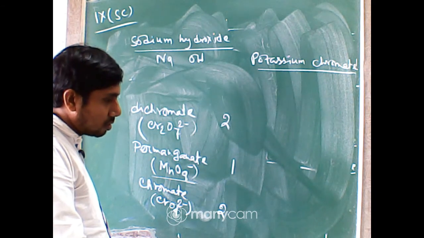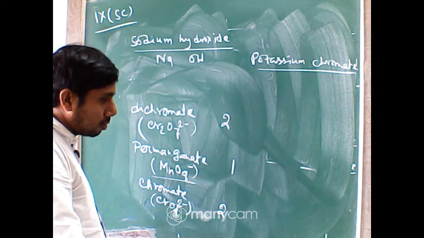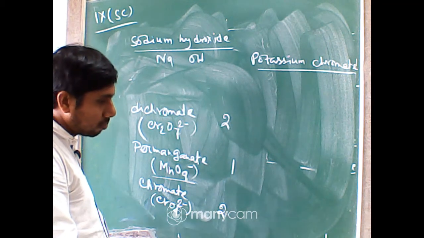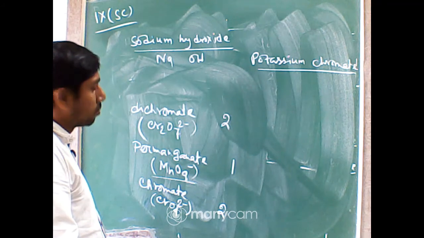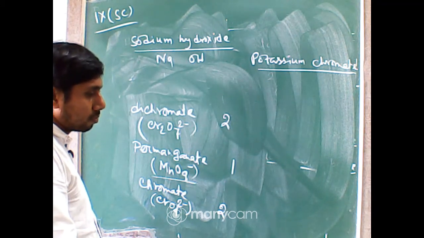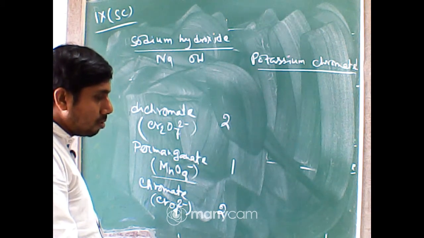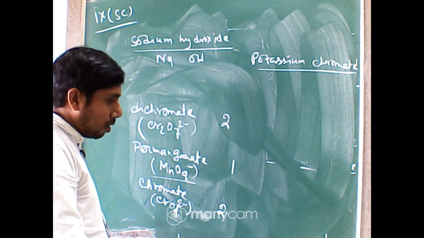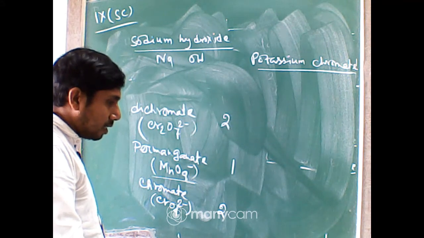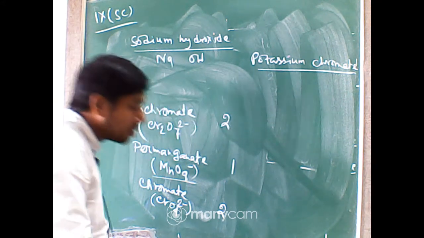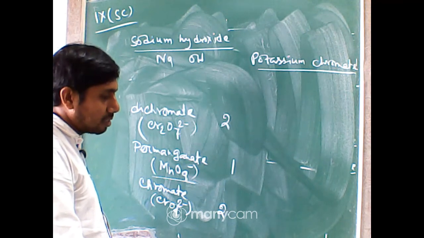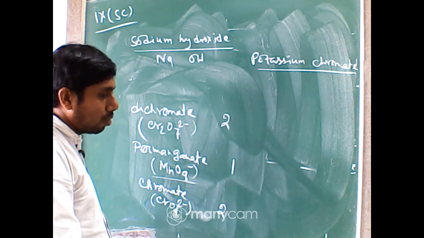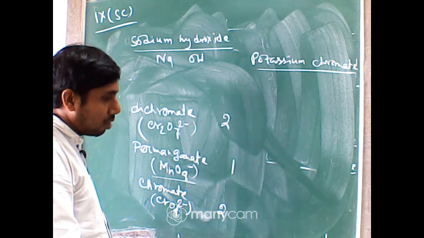No, Ronit, just check the valency. Chromate. It is not dichromate. Yes, now to some extent it is correct. Yes, Rajanna gave the correct answer. CrO4, not O7, CrO4. Yes, K2CrO4. Correct, everyone.